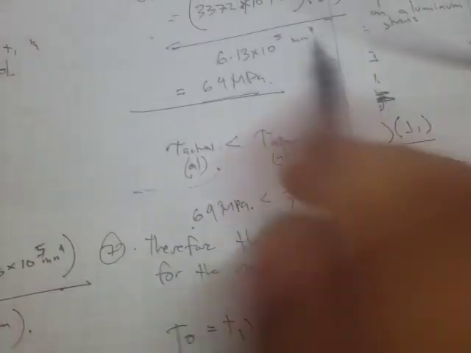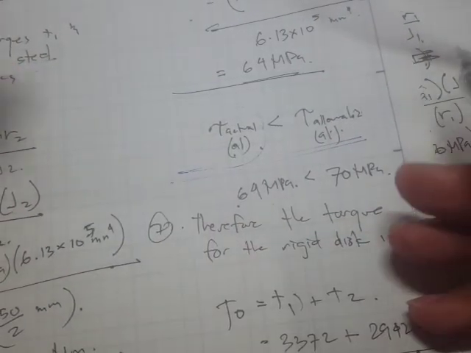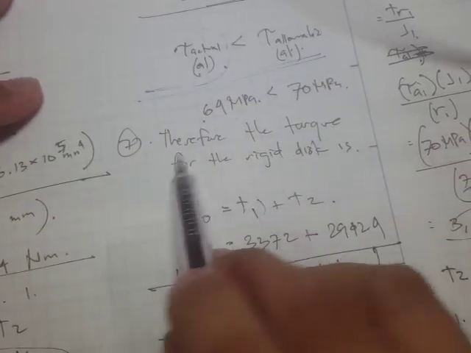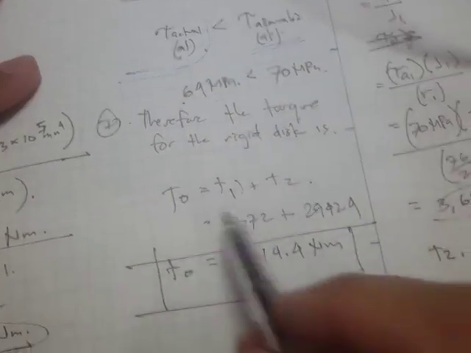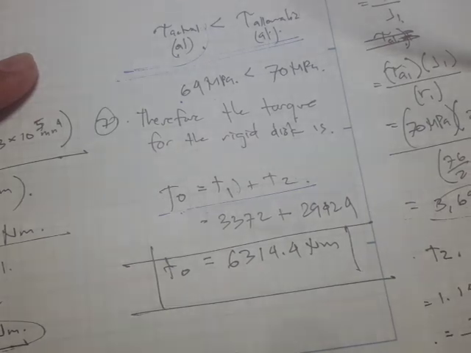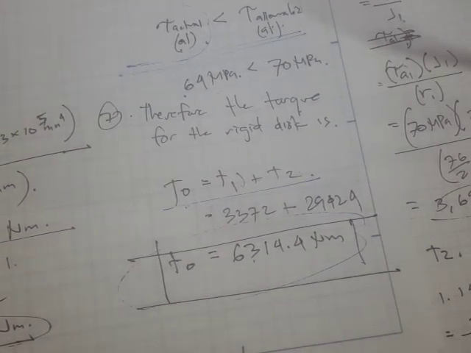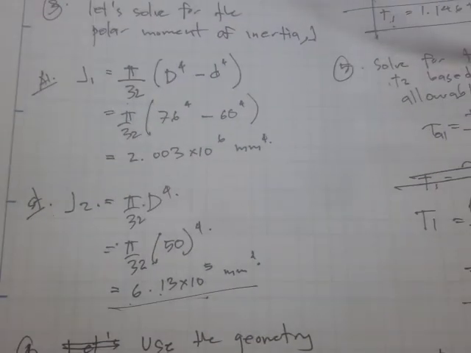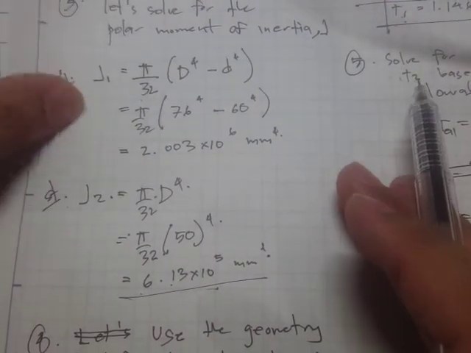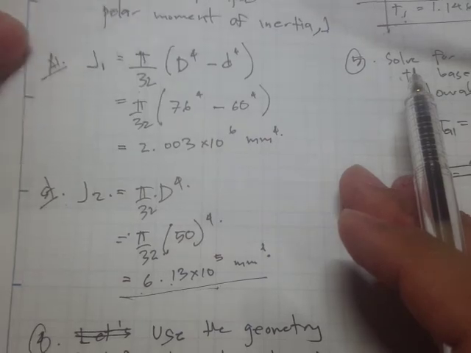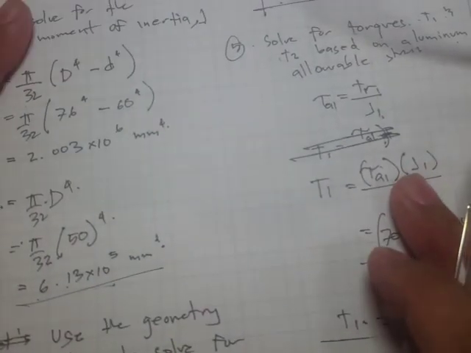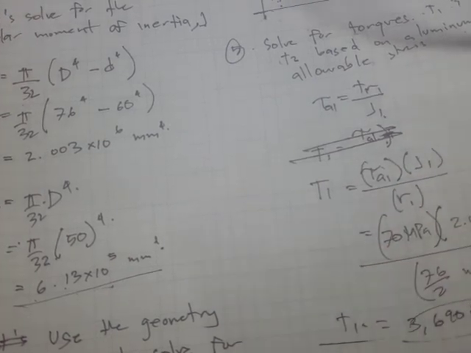So these will be the correct values for torque. Therefore, the torque for the rigid disc is simply T sub 1 plus T sub 2, and we obtain this value, 6,314.4. All right, so I guess that's enough for this lecture topic on torsional members, and in the next videos we'll talk about flexural members. All right, so see you in the next videos.